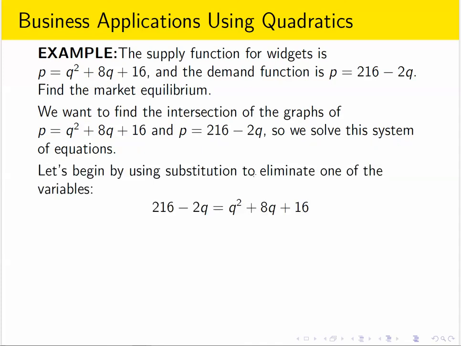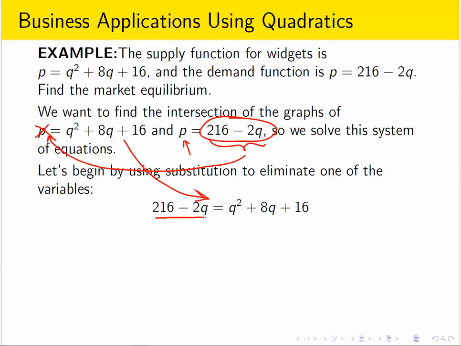So what we can do is eliminate one of the variables. For example, we can eliminate p if we replace every p with an expression in terms of q. So in this equation, instead of writing a p, I can replace it with this expression, 216 minus 2q. And doing that produces this equation.